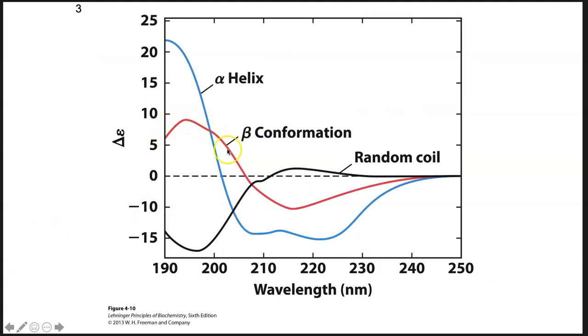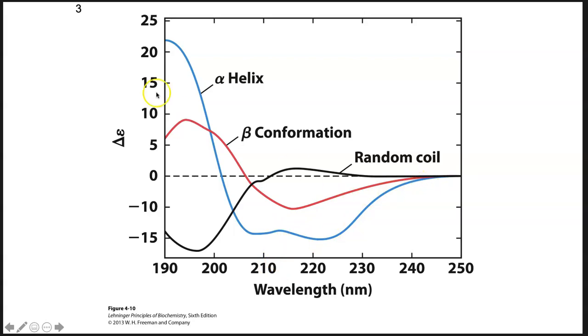So here's an example spectra. This is broken down into protein samples of different types of secondary structure elements. This black one is random coil. That's a protein that doesn't have any secondary structure at all. The green is alpha helices. If you have an alpha helix, you have a maximum absorbance at 190, and then this trough with a little bit of a peak here at around 212, 215.